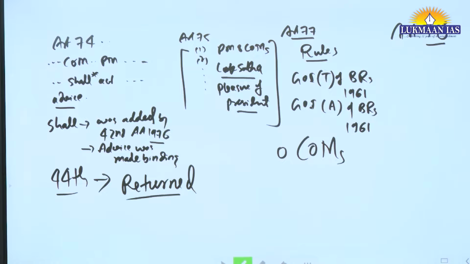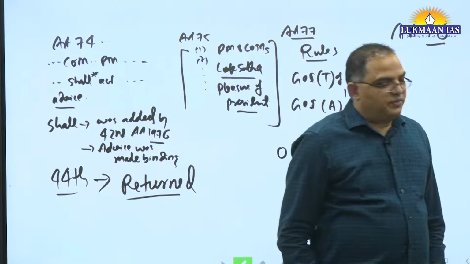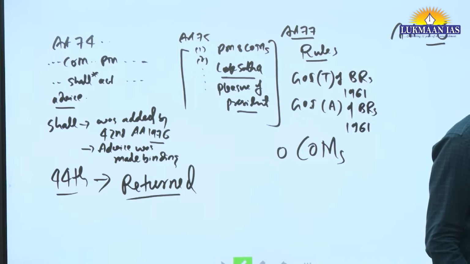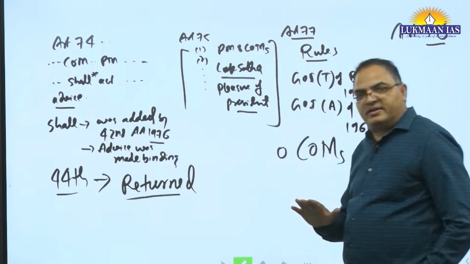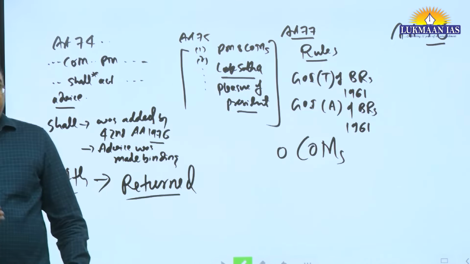Then let's write: role and functions as chief executive. So far it is clear. I guess you understand he is a formal head and only in some situations he can act.